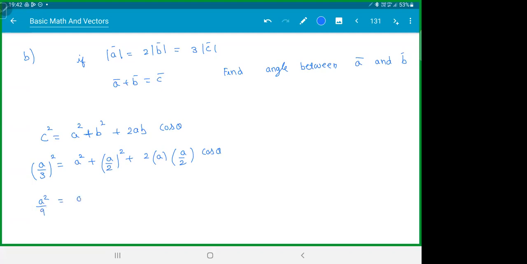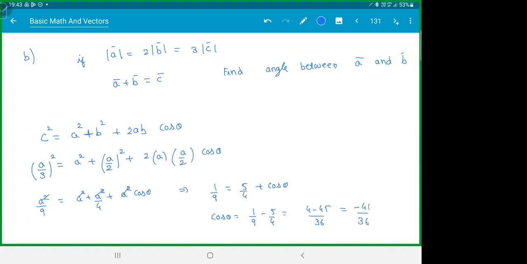A square by 4 plus A square cos theta. A square cancels off everywhere. You have 1 by 9 is 5 by 4 plus cos theta. So cos theta will be 1 by 9 minus 5 by 4, which is 4 minus 45 by 36, which is minus 41 by 36.